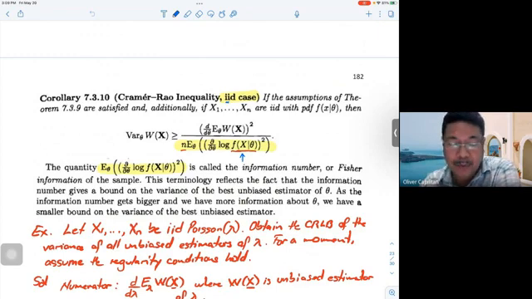So the difference between the two is that in the theorem we make use of the log of the joint PDF, while in the corollary we have the log of the PDF of a single observation from our random sample.